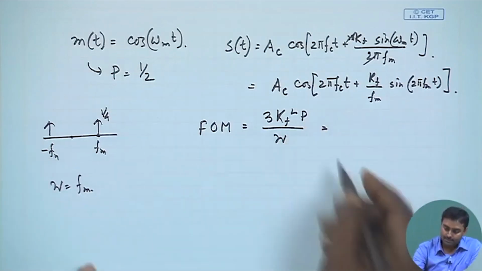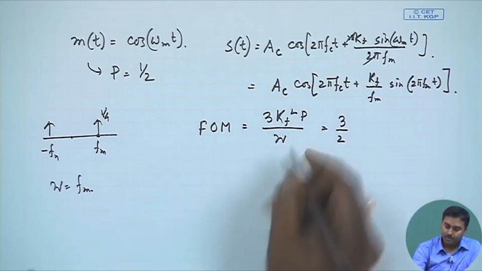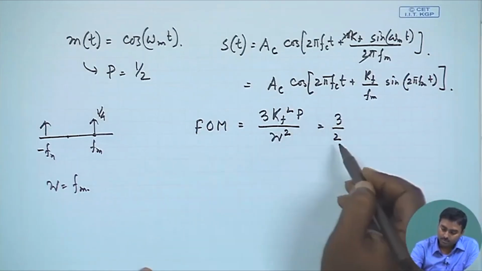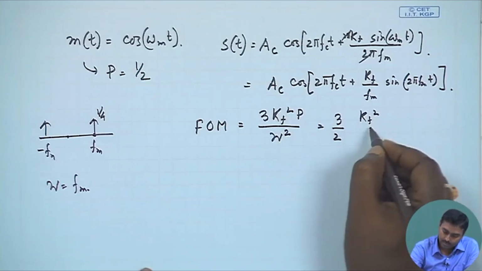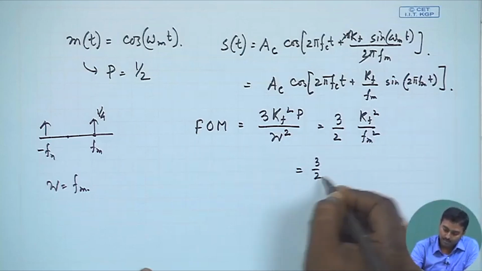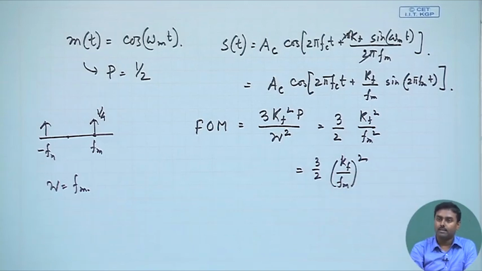P becomes half. So, I can write this as 3 by 2. Okay. So, that was W square of course in the formula. So, P becomes half, then I have Kf square divided by f_m square, or I can write 3 by 2 Kf by f_m whole square.